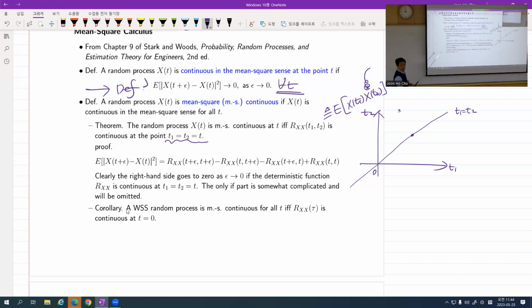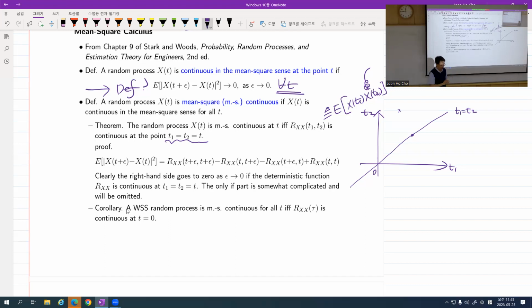So now let's see. This is a random process, single parameter. Actually, it's two parameter, right? Because x has t and s. But anyway, it's mean square continuous. And this is a deterministic function, right? The autocorrelation function is a deterministic function. So this theorem allows you to replace stochastic continuity in the mean square sense with non-stochastic continuity of the autocorrelation function.